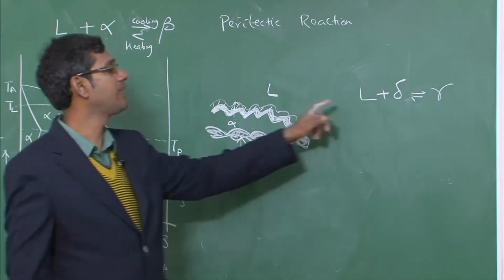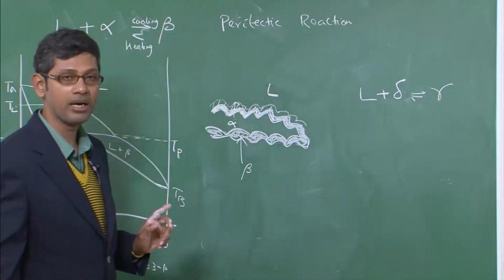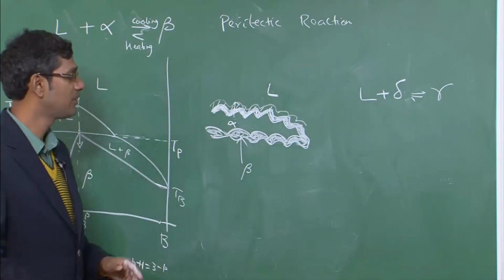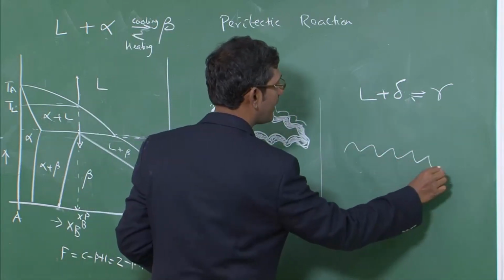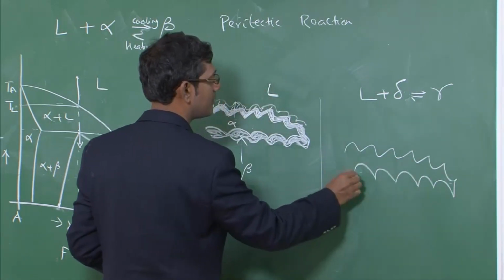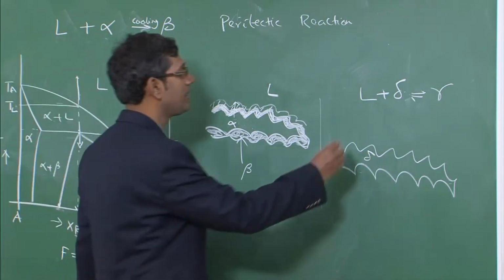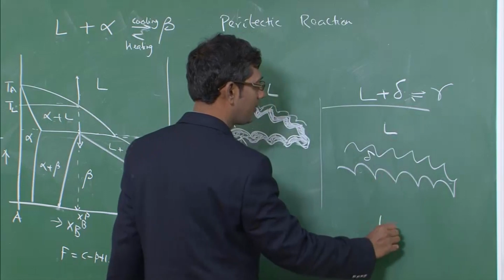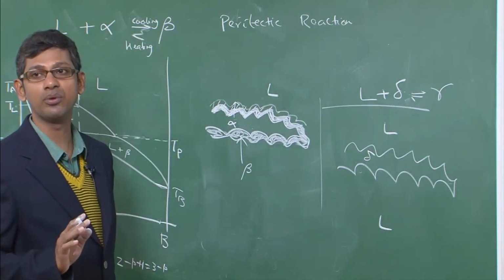So now in this reaction, liquid plus delta going to gamma, the same thing will happen, and I will draw it again here. So I have a delta dendrite coming in contact with the liquid, and this reaction happens at 1394 degrees Celsius.